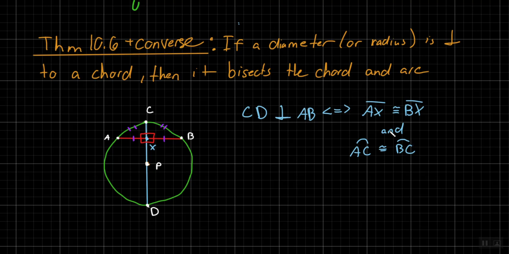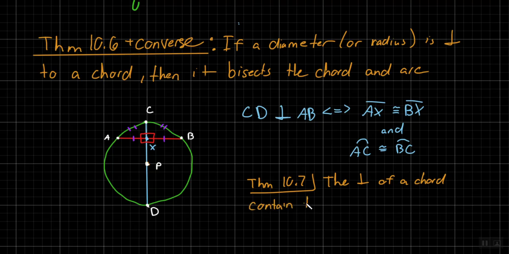And then, for some reason, they have decided to give you another theorem that you probably already know. So we're going to write it tiny, because it doesn't really give us much info. I forgot there was another one. The perpendicular bisector of a chord contains the center of the circle.